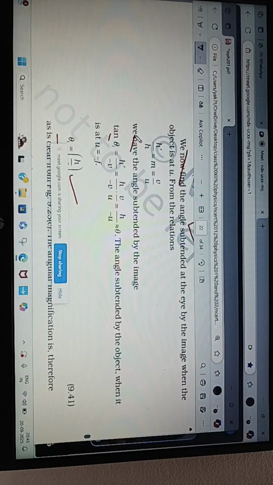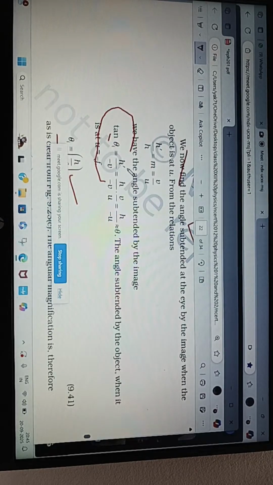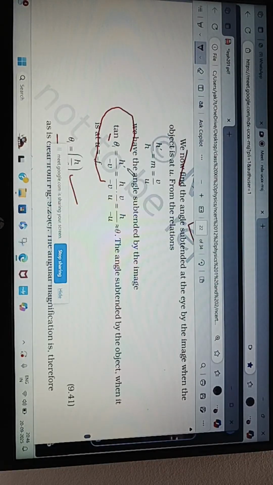This, you understood or not? If not understood, I will help you. I understood, sir. What is H dash? The height of the object. Sorry, height of the image. Okay. What is H? Height of the object. Okay. Now this next equation, how has it come?